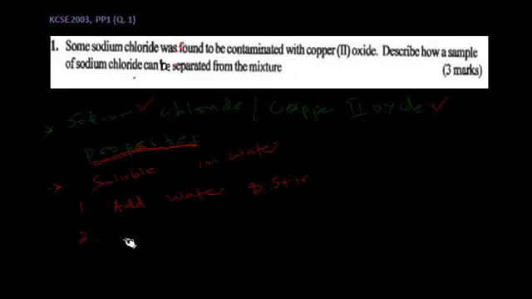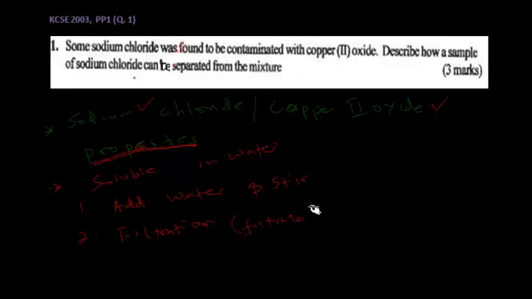The second thing you do is what is called filtration. I'll describe more filtration in a few minutes' time. What will remain behind is copper 2 oxide, and what you'll get is called a filtrate.